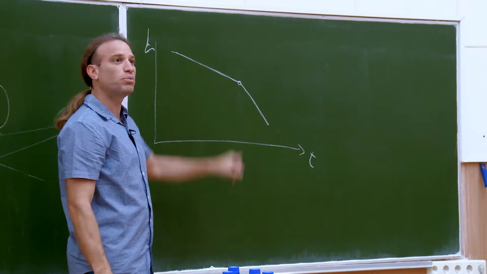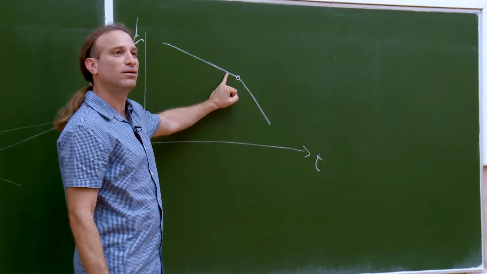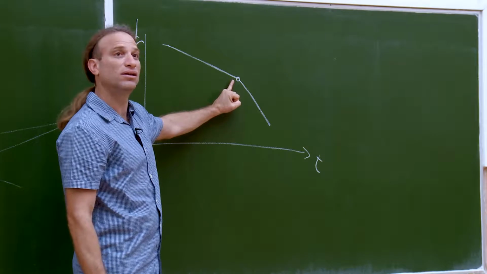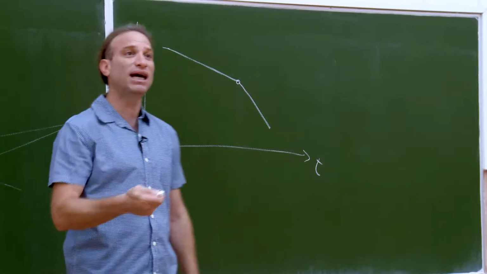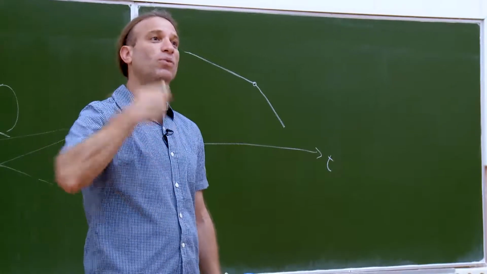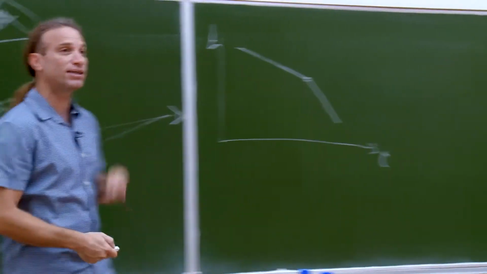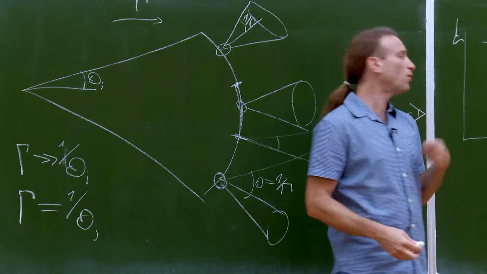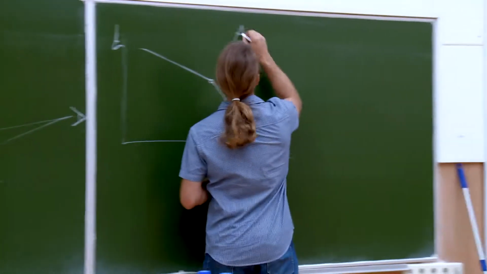Now this break is very special, because this is a geometrical thing, so it will happen at the same time in all wavelengths. It doesn't matter in which wavelengths I'm watching this jet, I will see this break. This is known as an achromatic break.